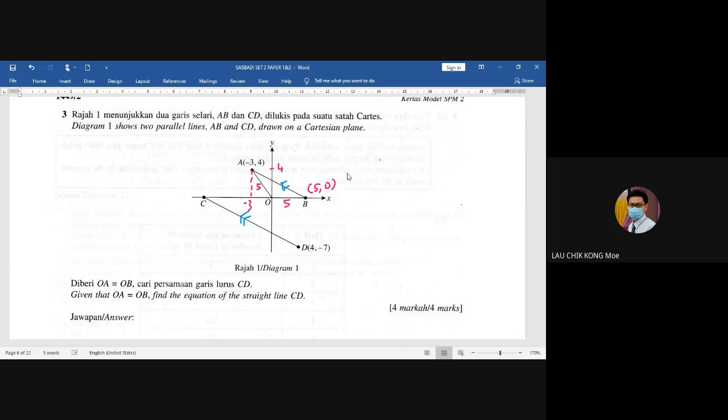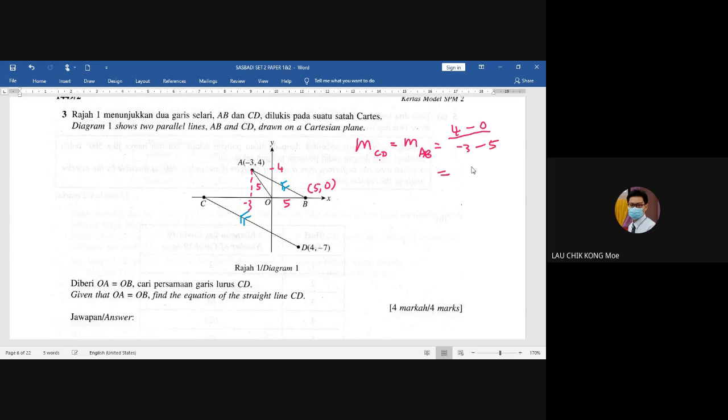Okay, and then equation of CD. So you need to find the gradient for CD. Gradient for CD is equals to the gradient of OA. No, sorry, AB. AB ya, sebab dia selari mah. Okay, so this one AB ya, we know that the AB is 4 minus 0 divided by -3 minus 5.